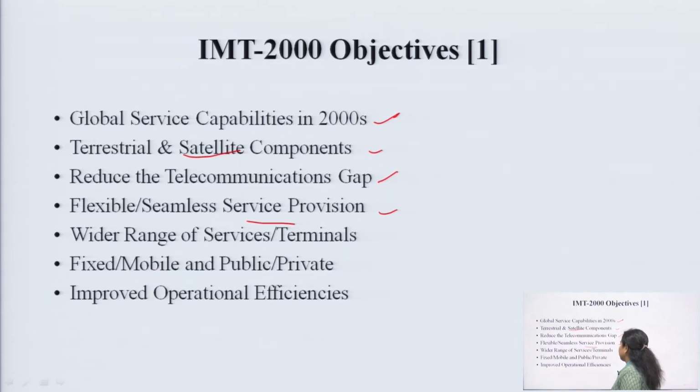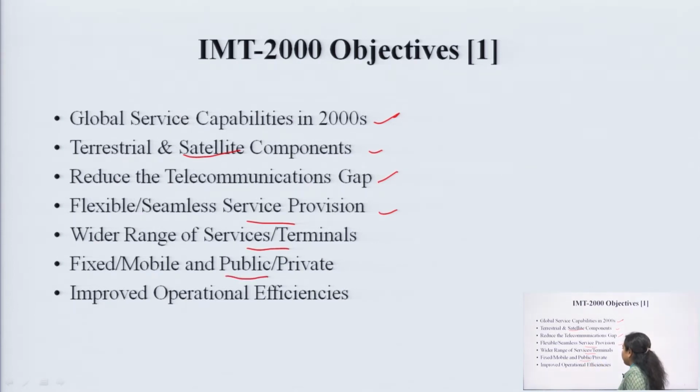Flexible and seamless service provision is there, which means that during a call, the call will be maintained, there is no glitch, no call dropping, means the probability of call dropping is very low. So, it is a seamless kind of communication. A wider range of services will be provided by this particular IMT 2000.